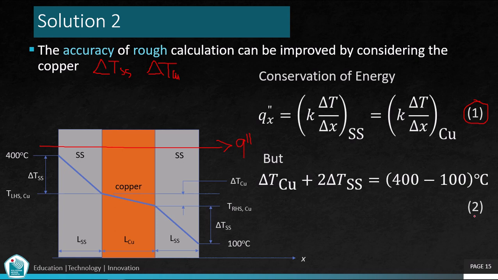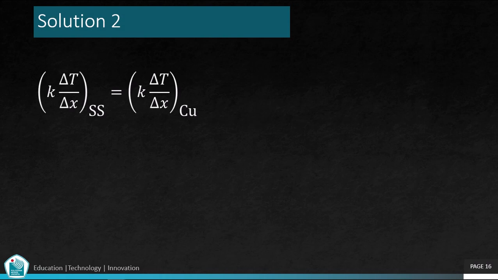So this becomes equation number 2. So I rewrite again equation number 1. We need to first solve equation number 1 to find the delta T_SS, or the delta T on the stainless steel.